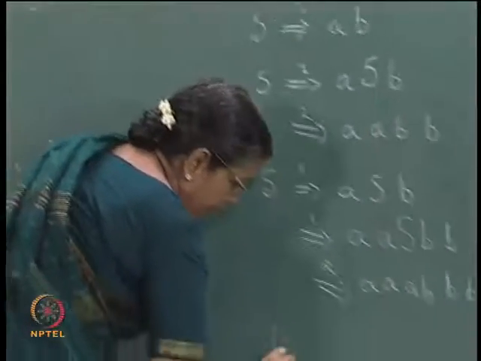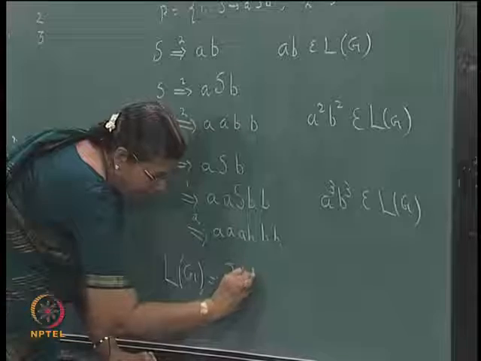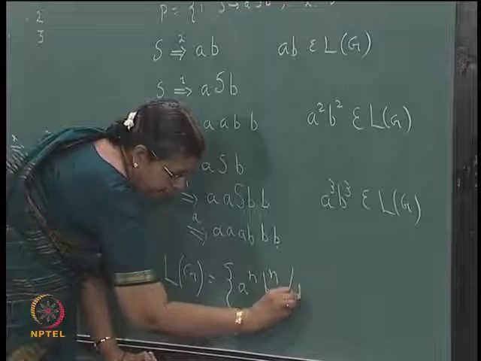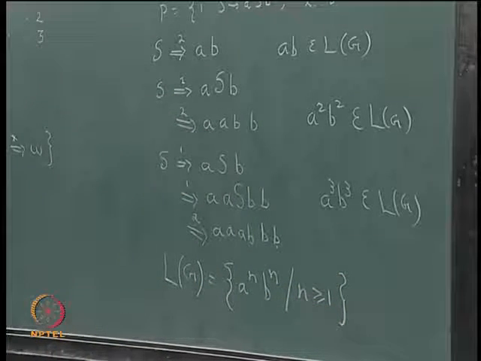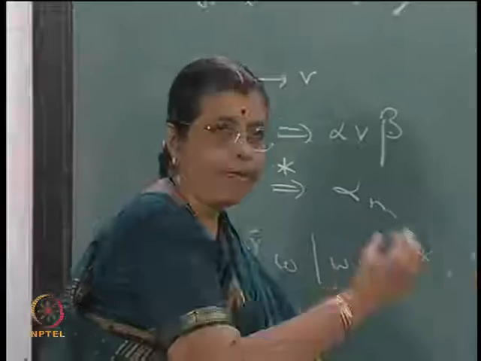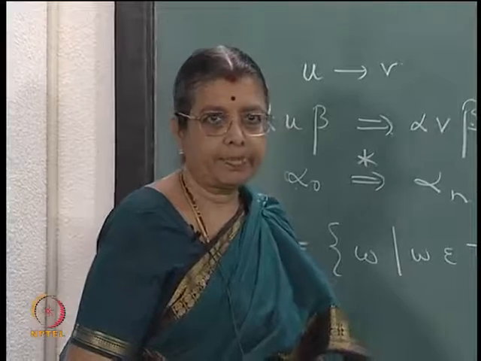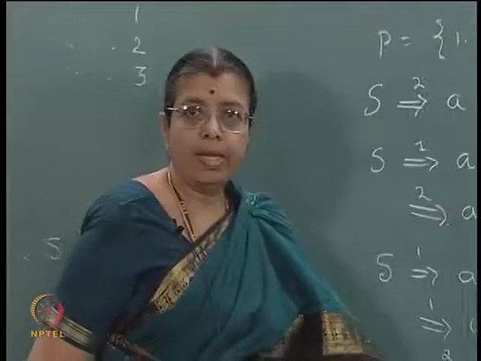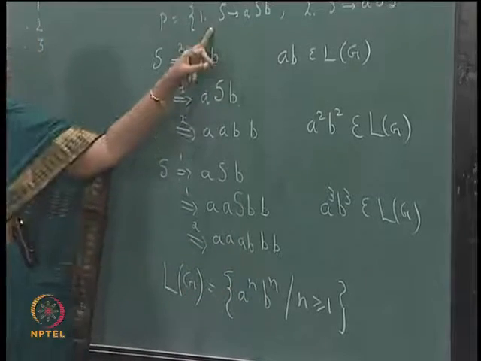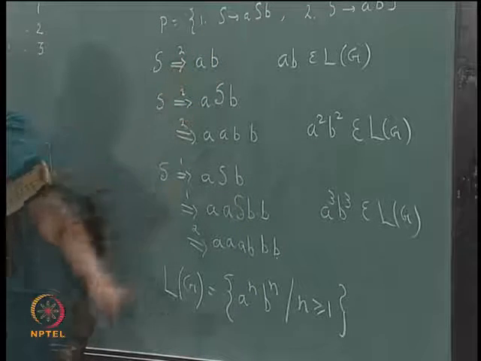So the language generated consists of strings of the form: L of G is A power n, B power n, n greater than or equal to 1. Strings with a number of A's followed by an equal number of B's will be generated by this grammar. To generate A power n B power n, you will be applying rule 1 n minus 1 times and rule 2 once.